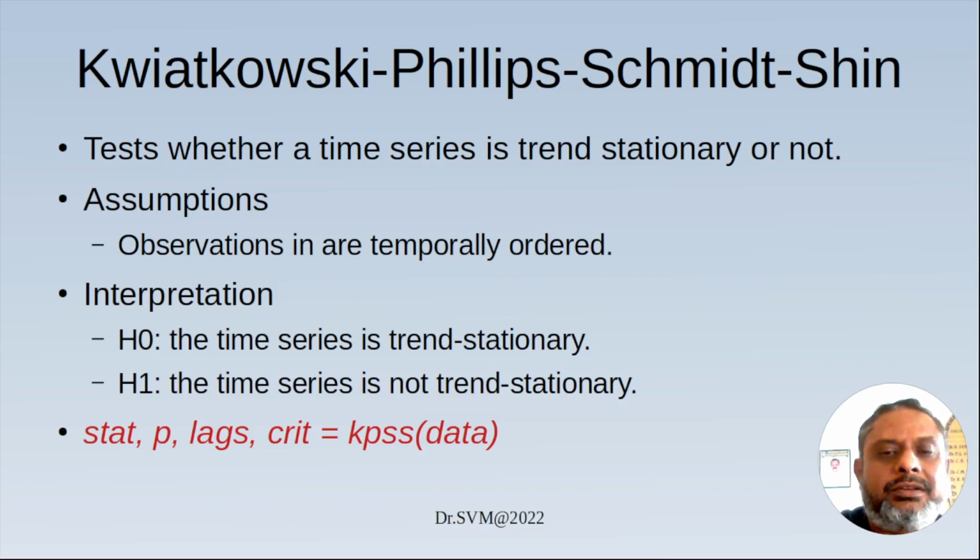So if it is not stationary, then the results of this analysis are not useful. Just a waste. So that's about two methods commonly used in machine learning to verify whether the time series data is stationary or not.